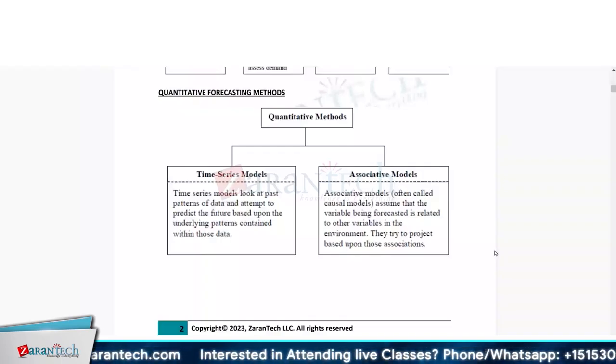If the battery is manufactured by somebody else, and the mobile phone manufacturer is a different organization, then the person who is manufacturing the batteries for the mobile phone is always dependent on the sale of the mobile phone, which is done by some other organization. So the associative method always talks about a forecast related to another variable. Okay.